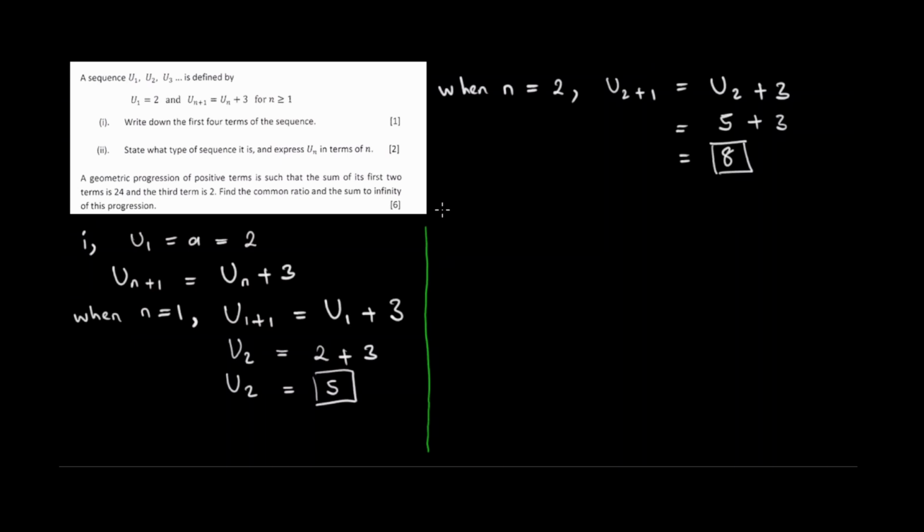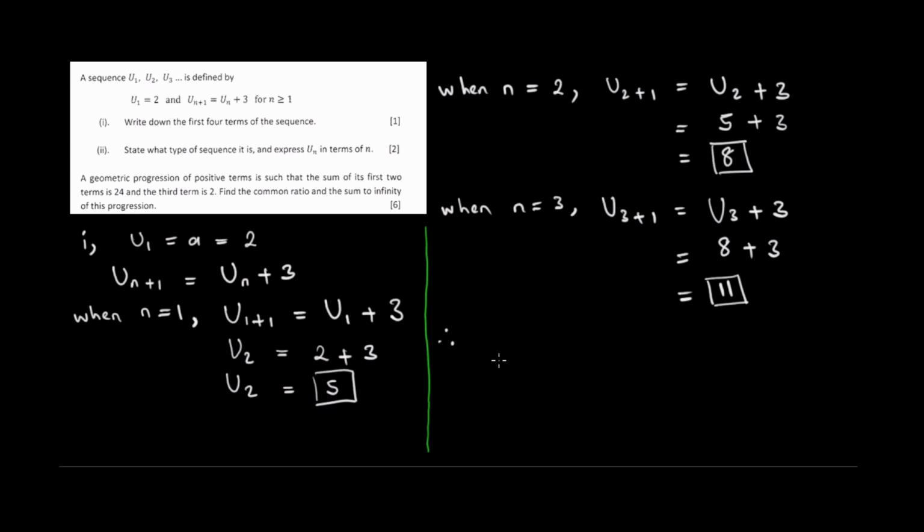Now for the fourth term, we say when n is equal to 3, which means it will be u3 plus 1 is equal to u3 plus 3, which is equal to, what is u3? The 8. So 8 plus 3, 8, 9, 10, 11. That is going to be our fourth term.